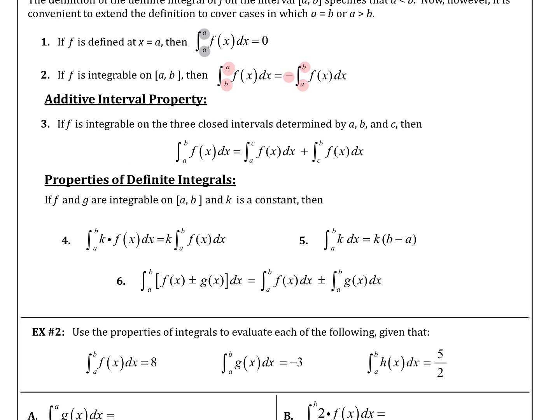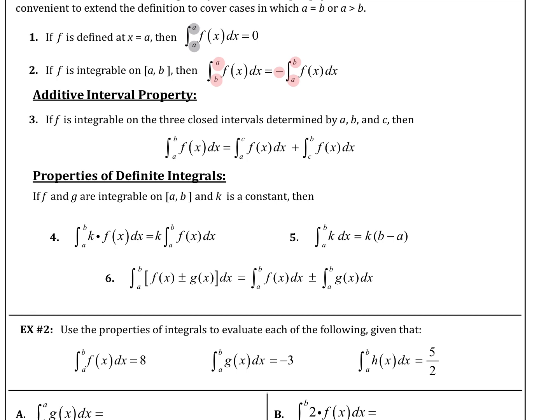The additive property says, I'm going to draw a little picture here. If I had a little graph, and this was point A, and this was point B, let's say I had some graph, I don't know, could look like this, and like that. If that was my graph, and I was integrating from A to B, that means I would be finding the area underneath that curve of that function.